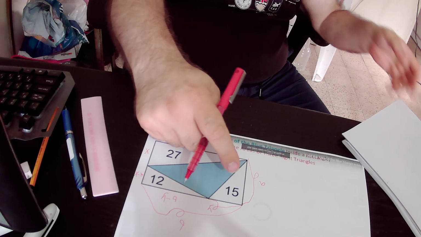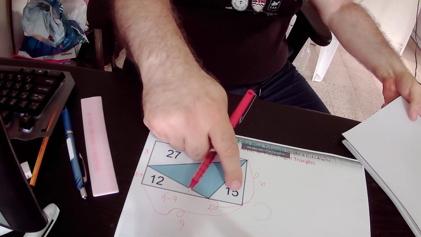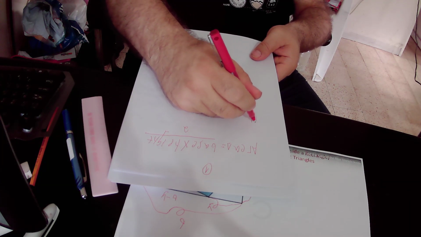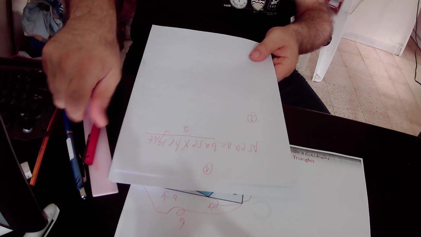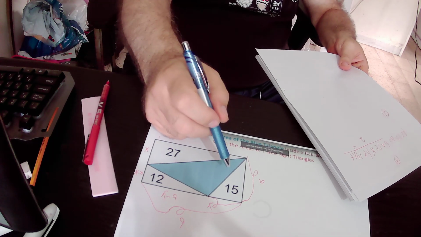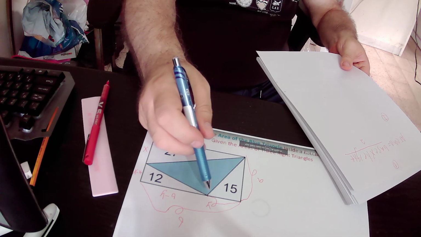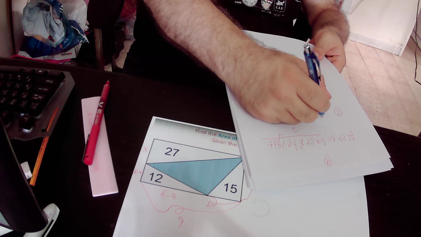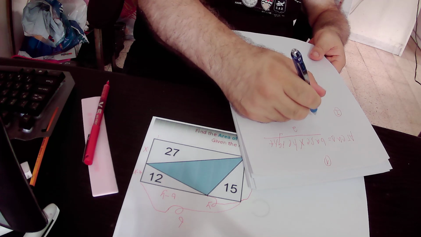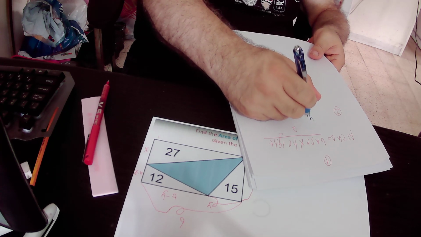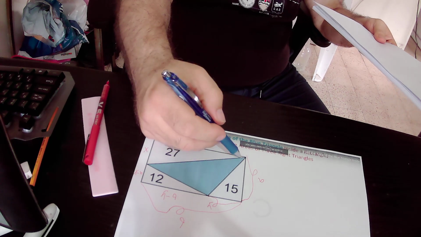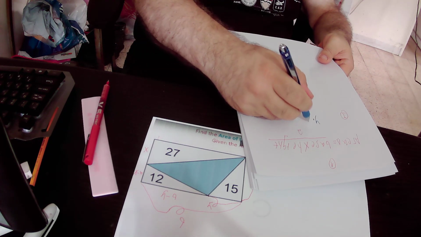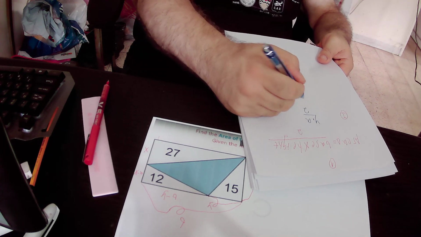So the formula for the area of this triangle will be the base of the triangle, which equals y, times the height of this triangle, which equals a, all divided by 2.